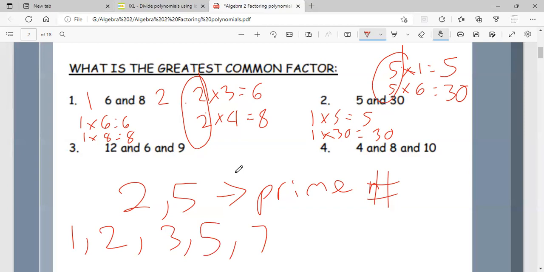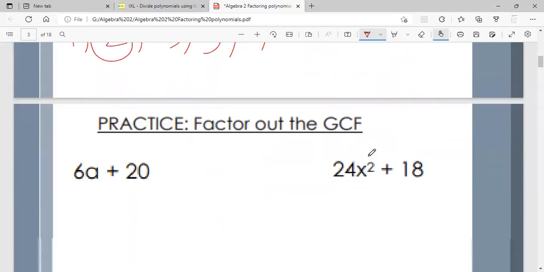Don't make the mistake of thinking that prime numbers have to be odd. That's not always the case, because 2 is not an odd number, it's even, but it's a prime number. All right, let's move on, shall we?